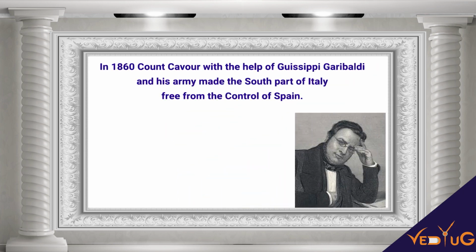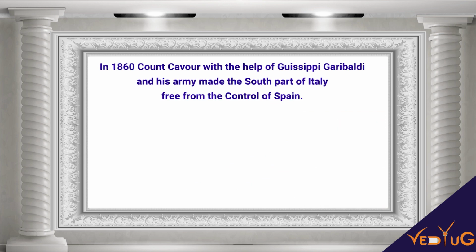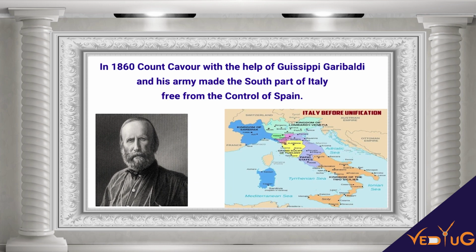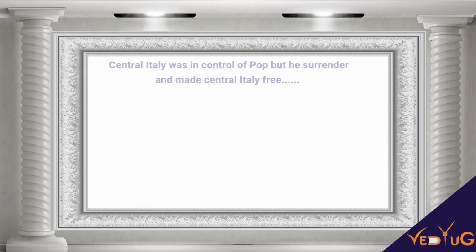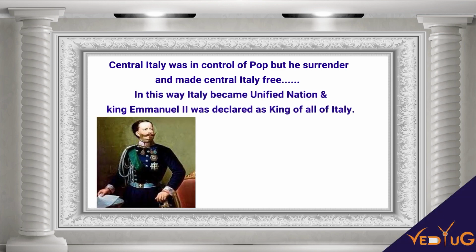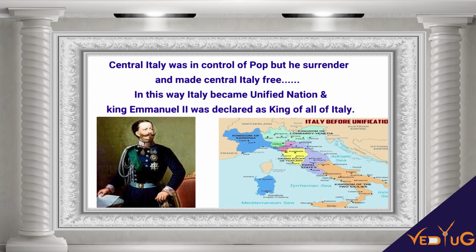And in the next year, Count Cavour took the southern part of Italy from Spain with the help of Giuseppe Garibaldi, who was an Italian revolutionary, and his army. Now it was the turn to make the central part of Italy free from the Pope, but they got frightened and surrendered. And now the central part of Italy got freedom. So in this way, Italy became unified and King Emmanuel II was declared the king of all Italy.